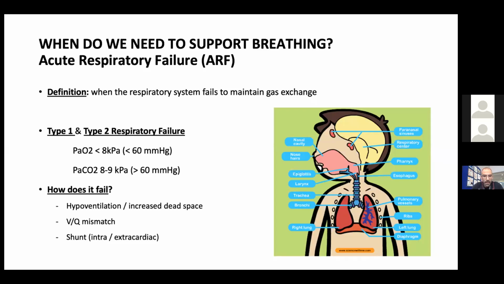There are different mechanisms that explain these two types of failures. One is hypoventilation. The second one is the VQ mismatch, and the third one is an intracardiac shunt or an extracardiac shunt.